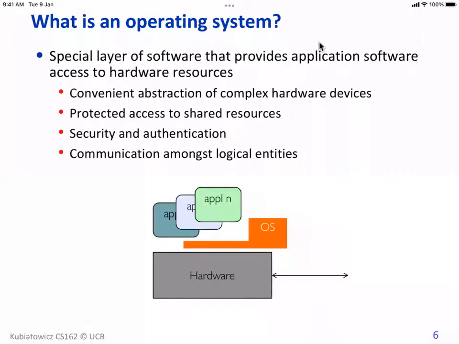So the OS provides an abstraction or interface to programs. These are the applications or programs that run, and they have to go through the OS to use hardware. So that's the basic concept, right?